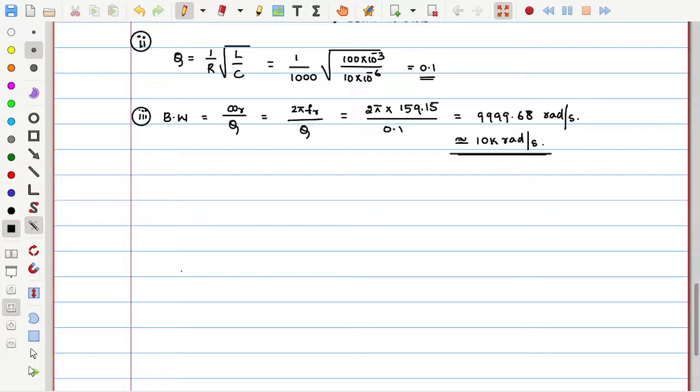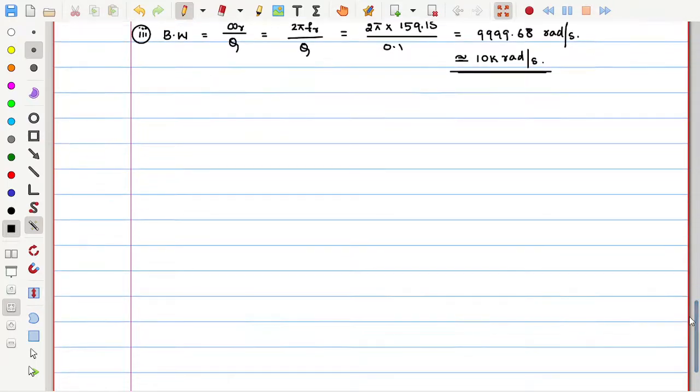Now let us see one more important concept with this circuit. If it is not a series circuit, then how do we handle the resonance concept? It is simple. For example, let me take one circuit like this. Here let us say Vs is equal to 2 cos 1.5 t.